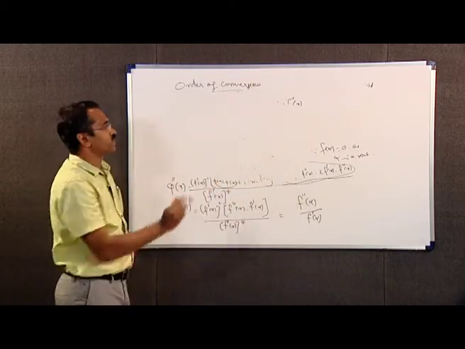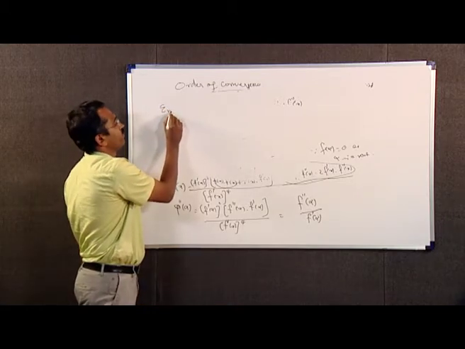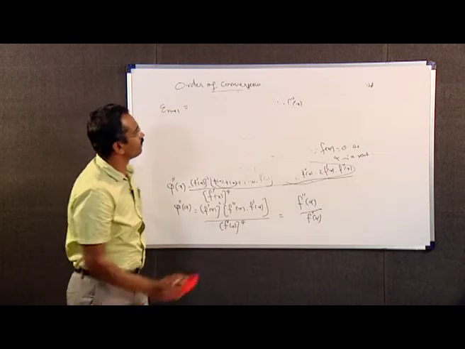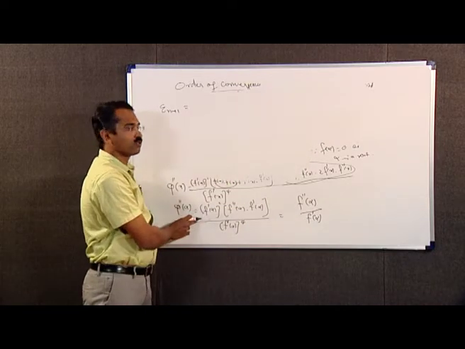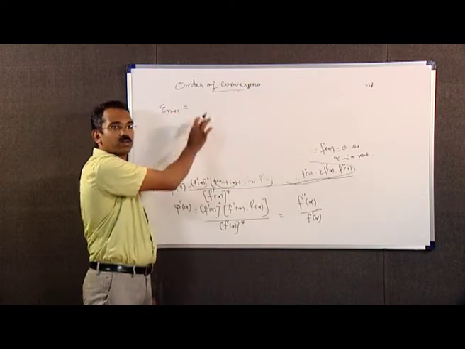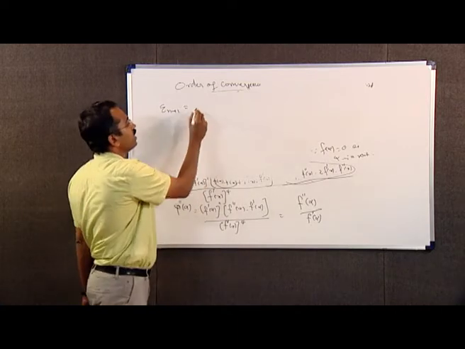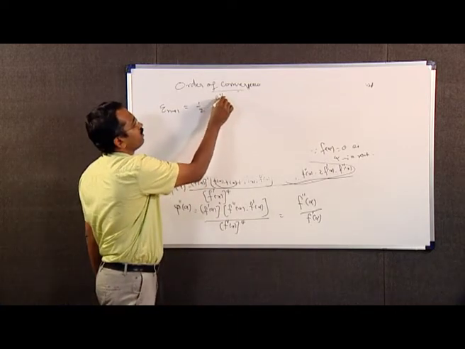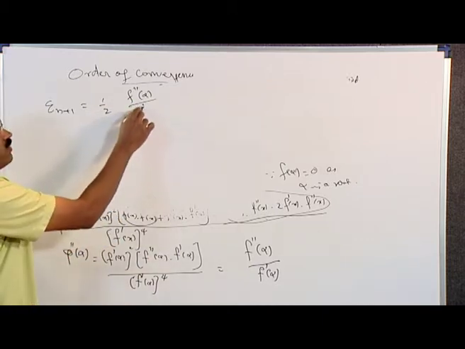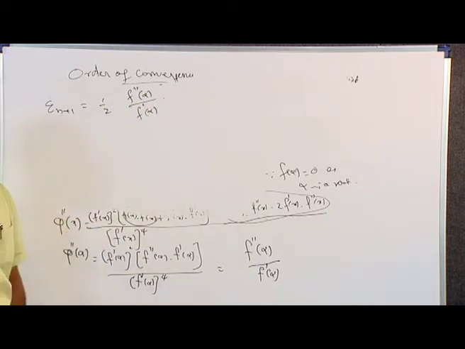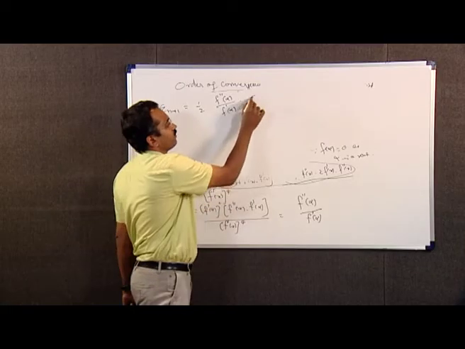Therefore, we will get epsilon n plus 1 is equal to, we substitute phi dash of alpha and phi double dash of alpha in the expression of epsilon n plus 1, we will get 1 by 2 into f double dash of alpha divided by f dash of alpha into epsilon n square.